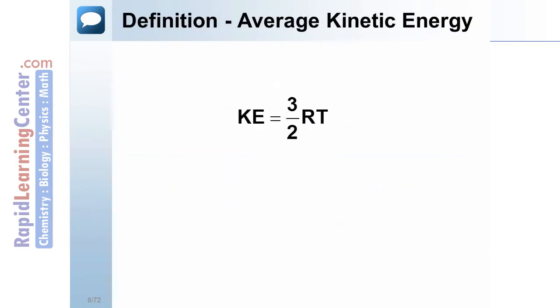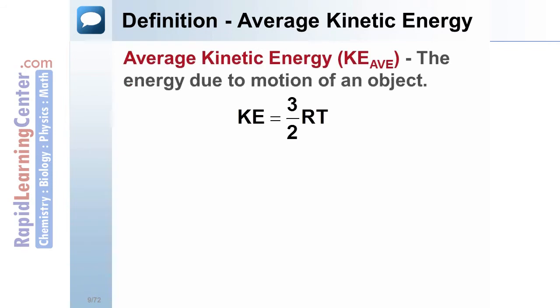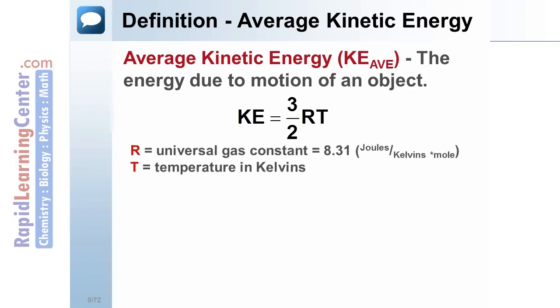Definition: average kinetic energy. This is the energy due to motion of an object. However, note this is not the same kinetic energy formula that we previously had. For this one, kinetic energy equals 3/2 RT, where R is a constant, a gas constant.